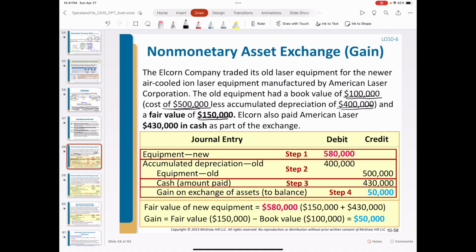In this exchange, the company acquiring the new asset by trading in the old asset pays cash of $430,000. That indicates the fair value of the new asset is the fair value of the old plus the cash payment, so the total is $580,000. So step 1, we debit new assets $580,000.